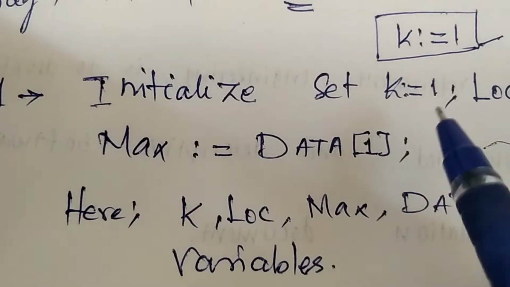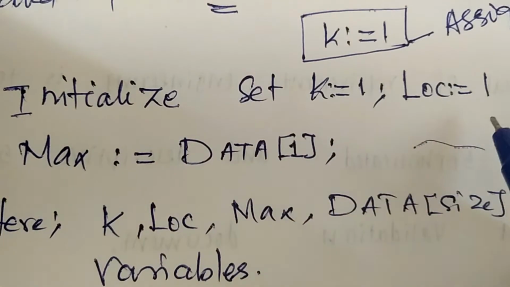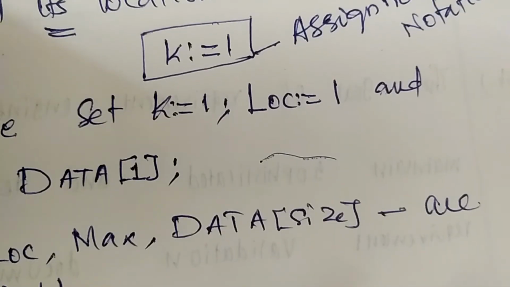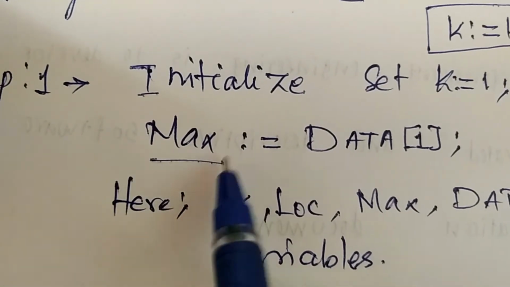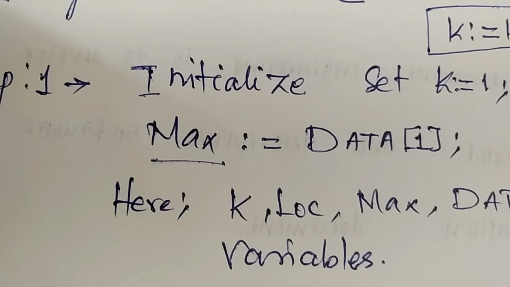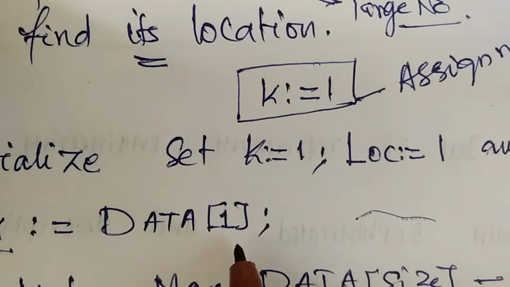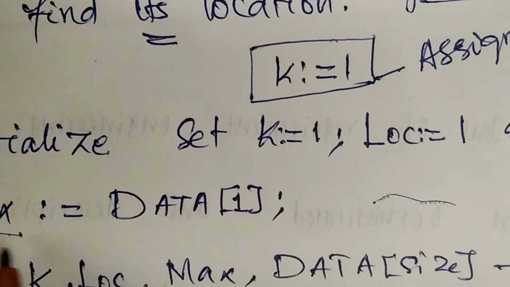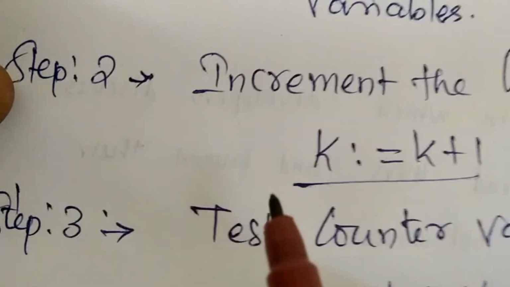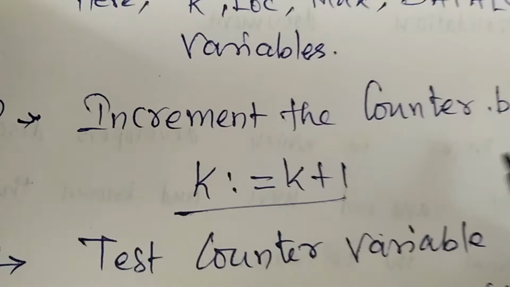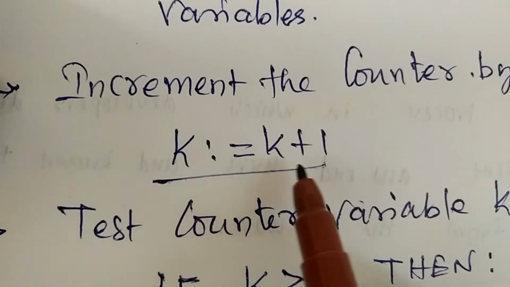First step is to initialize the variable: set the variable k as a counter variable, then location LOC as a location, and initialize max as a variable by assigning the value of data of 1. The first element is assigned as the maximum value, that is the initialization. Then you process step number 2. You have to increment the counter 1 by 1 step. So k is equal to k plus 1.